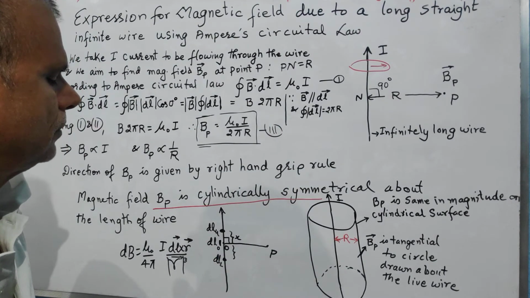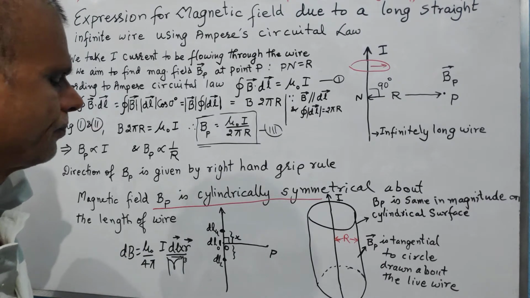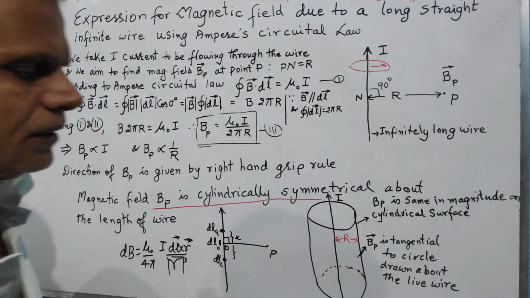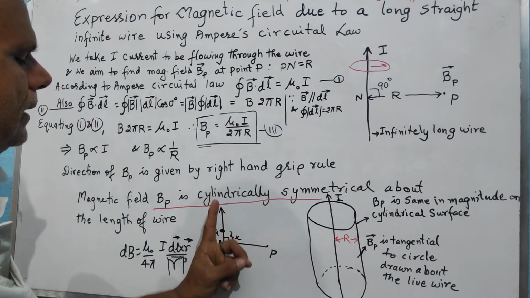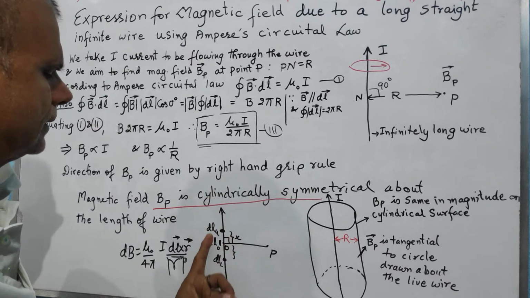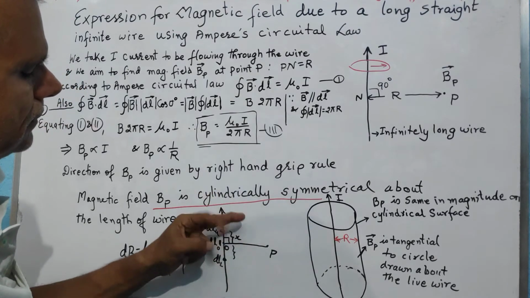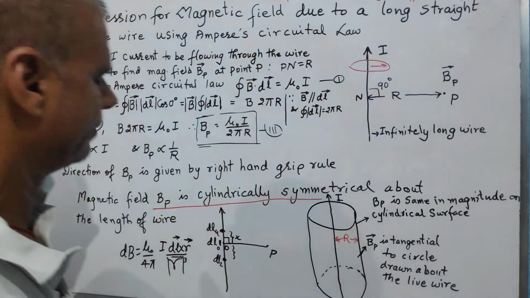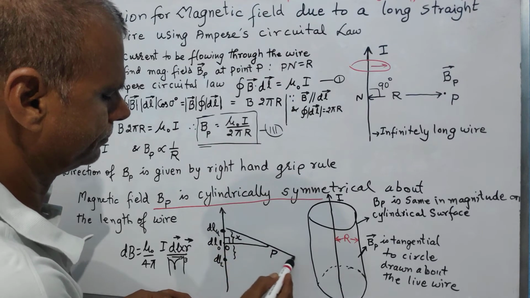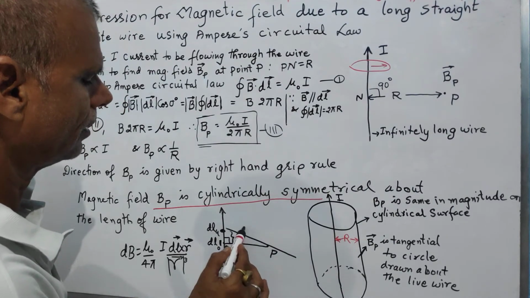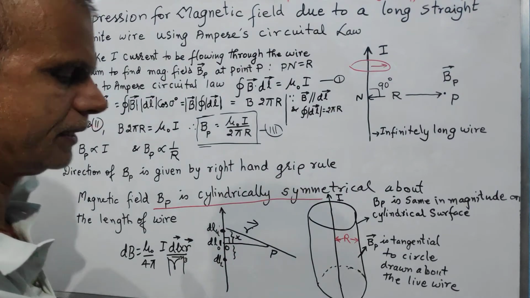And also the direction: see, this is the current element, vertically upward direction, let us say dlu, and this is the r vector. So this is your r vector, this is your dl vector. Now what happens?